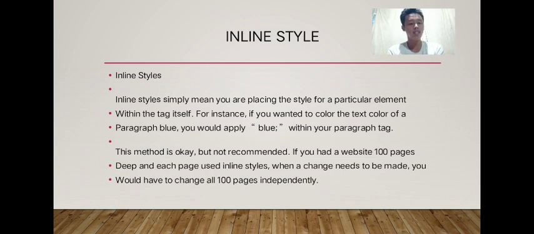For instance, if you wanted to color the text of a paragraph blue, you would apply blue within your paragraph tag. This method is okay but not recommended if you had a website 100 pages deep and each page used inline styles. When a change needs to be made, you would have to change all 100 pages independently.